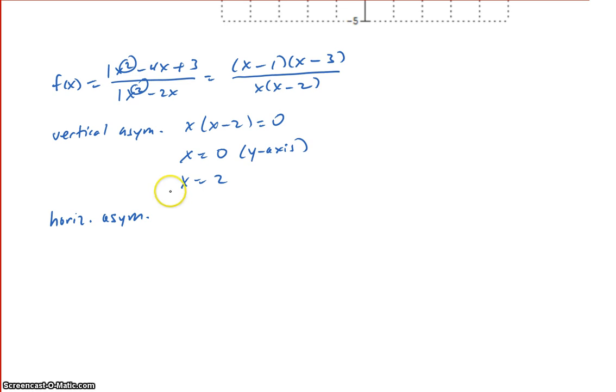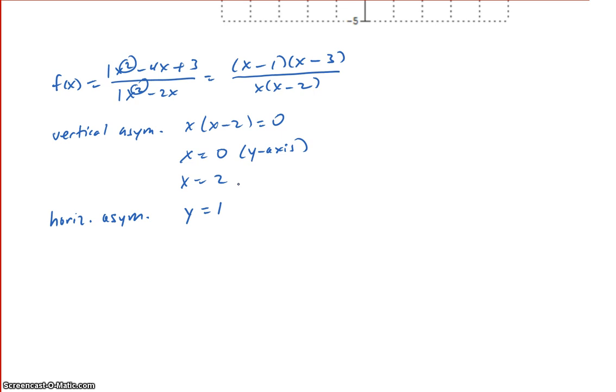The equation has the form y equals a constant, and that constant would be 1 because 1 over 1 is equal to 1. So there is a horizontal asymptote, y equals 1. That's the only horizontal asymptote. There can be no more than one horizontal asymptote for a rational function.